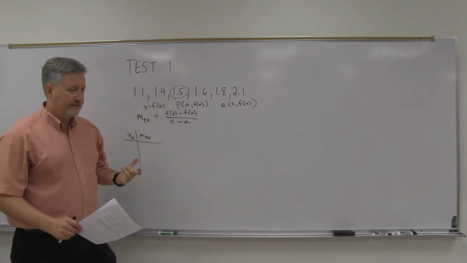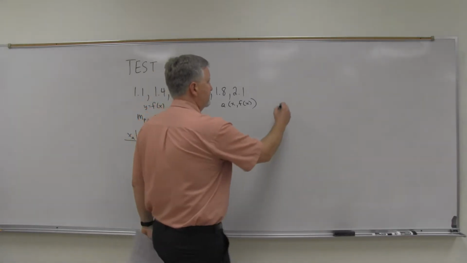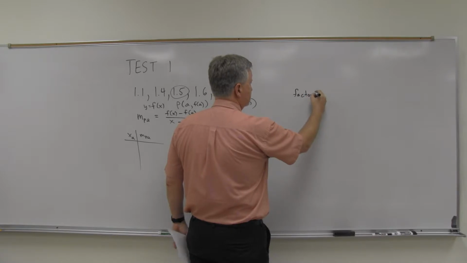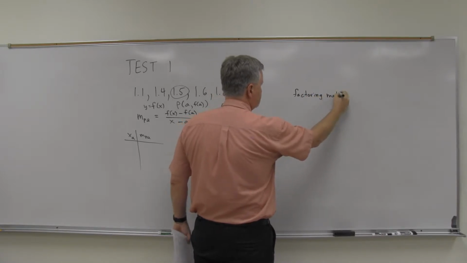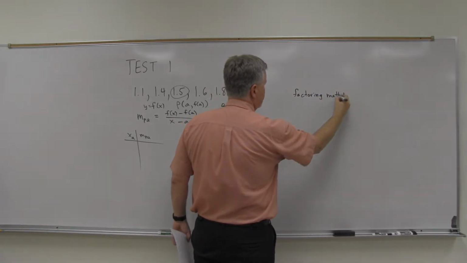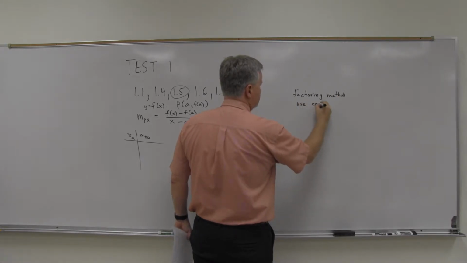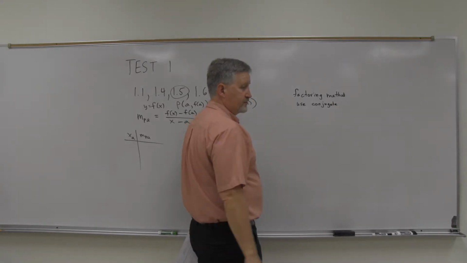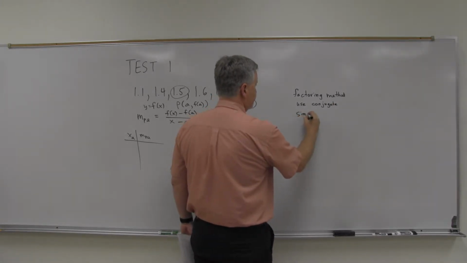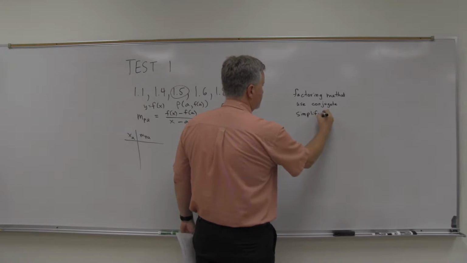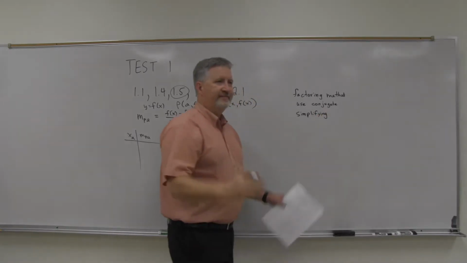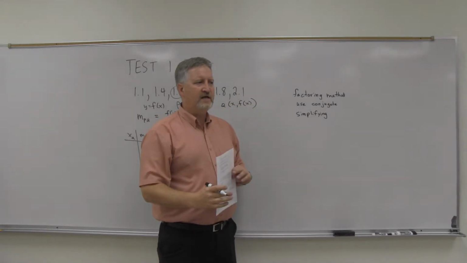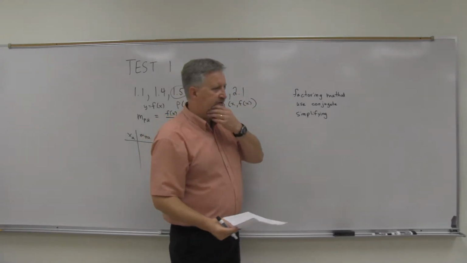We had those methods, like I said, for finding limits: the factoring method, using the conjugate. And really one of the techniques was simplifying, like if you've got something like x plus 2 squared, we'll square that out if we need to simplify.